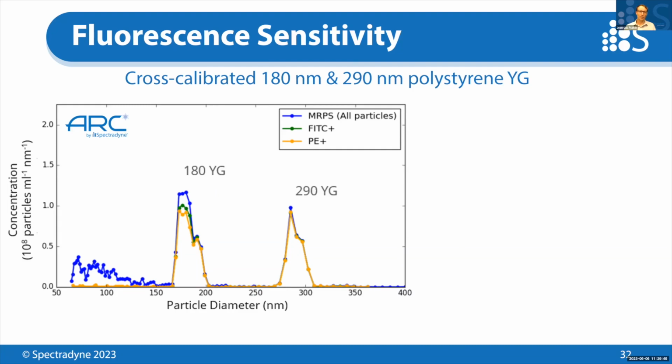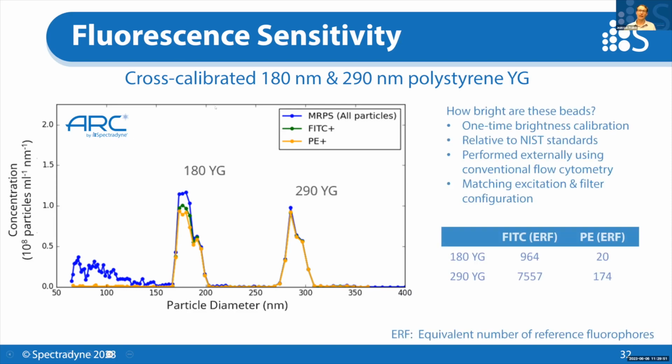These particles are of unknown brightness until you cross-calibrate them on regular flow cytometers, where there are NIST traceable MESF standards to compare their brightness to. So we sent these beads to one of our collaborators.